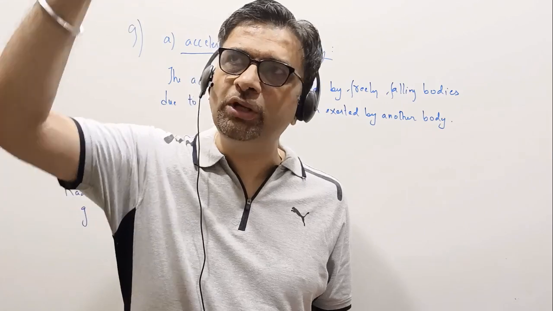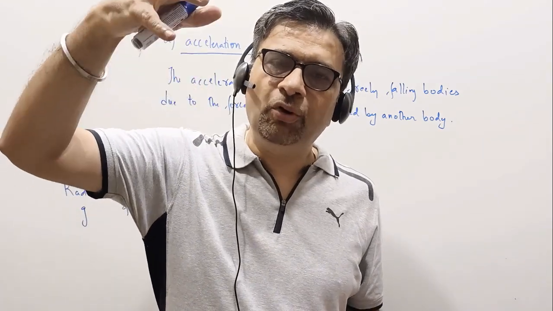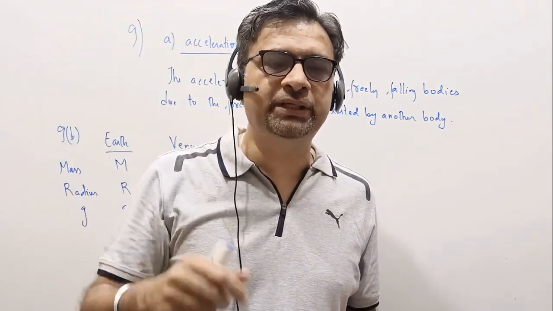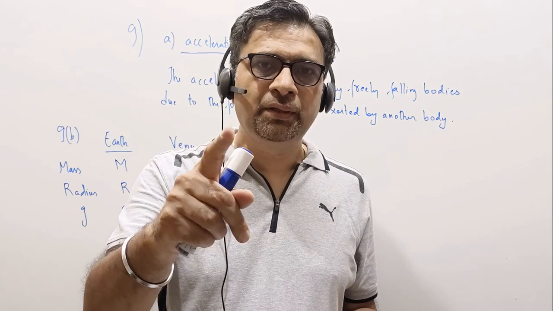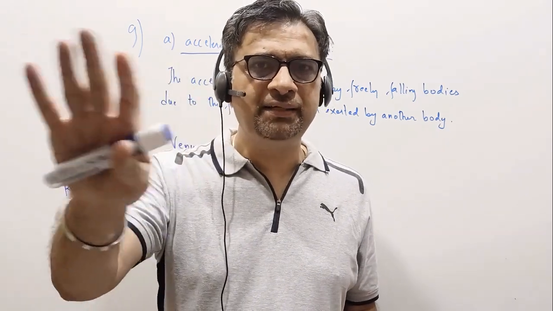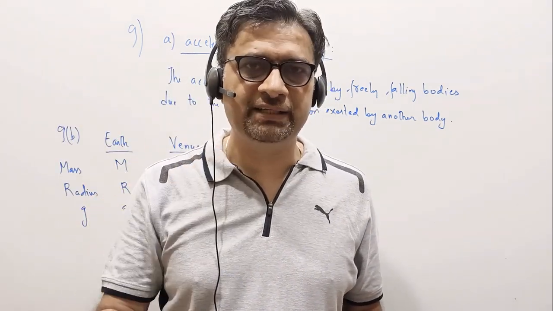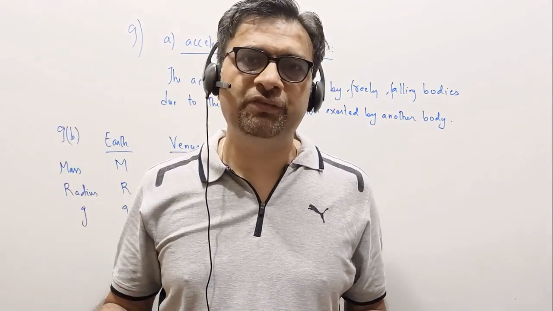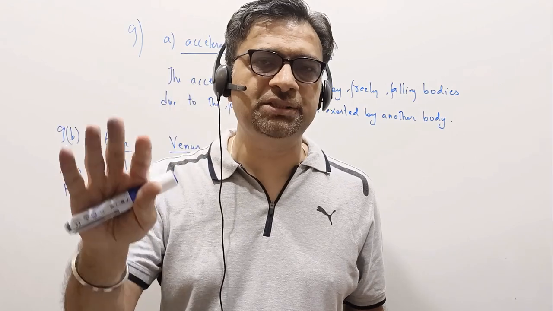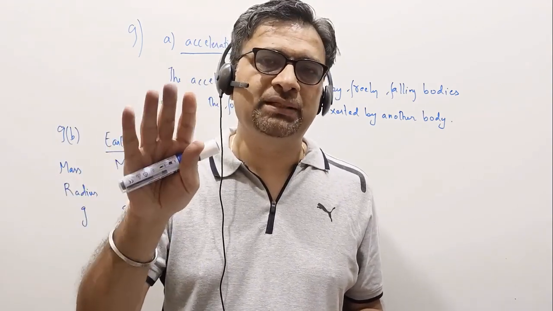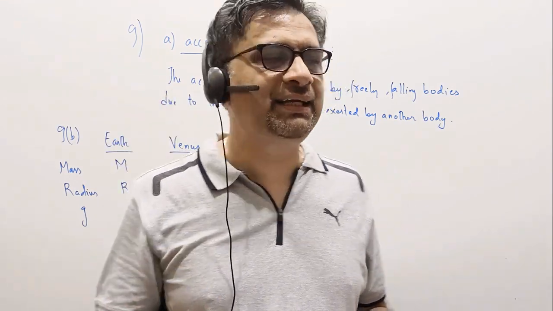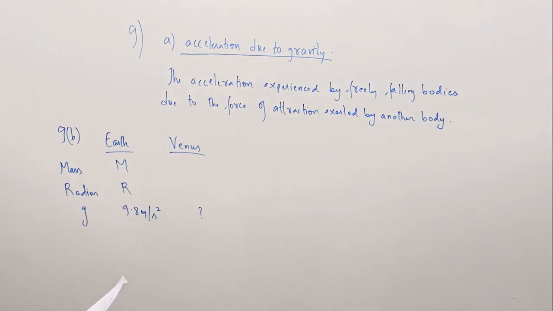If you go to a moon, if you drop a ball, the ball will still fall down with an acceleration. That's the acceleration due to gravity of the moon. It will have a different value, that's another matter altogether, but it will have an acceleration due to gravity. Same with Venus. Again, there will be some acceleration due to gravity. It's not going to be 9.8 meter per second square, but there will be some value. What exactly it is, we are going to have a look at.